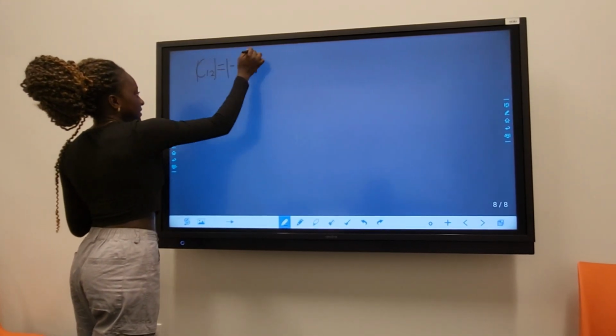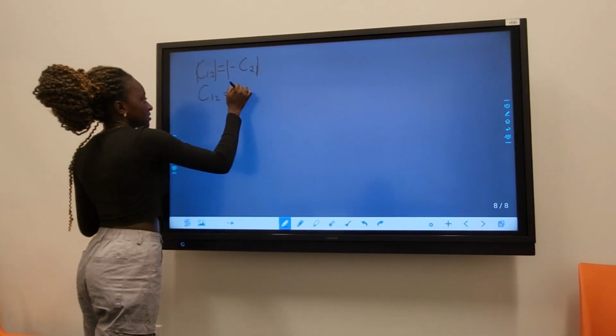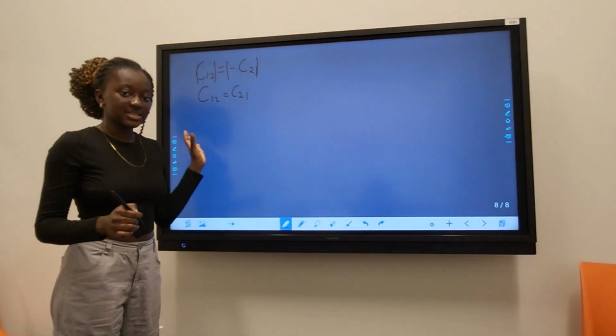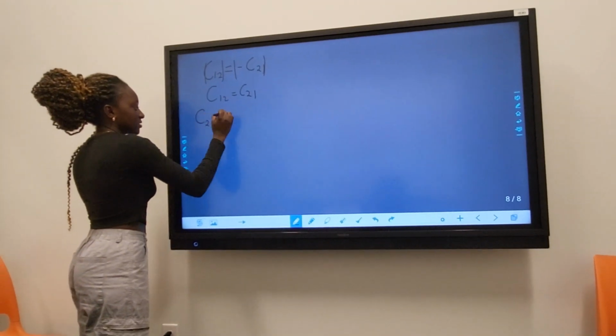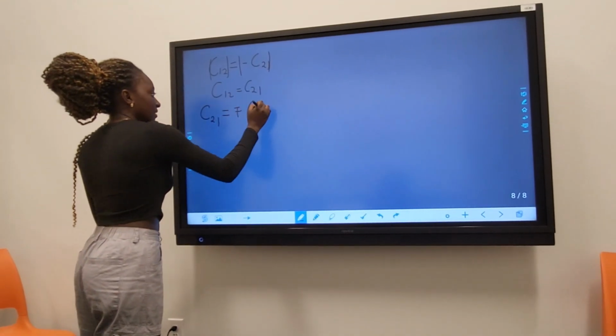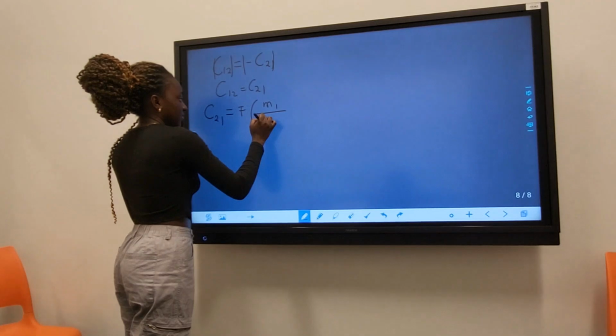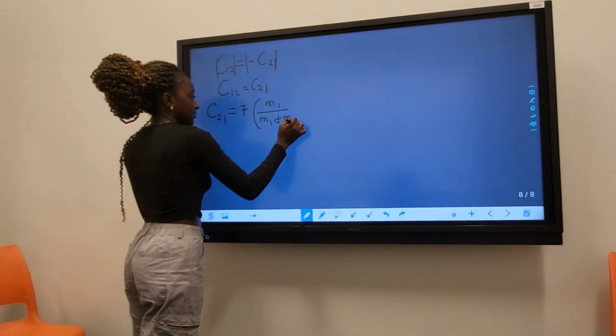Taking the modulus of each side, C12 is equal to C21, meaning they have the same magnitudes. And so C21 was equal to F M1 over M1 plus M2.